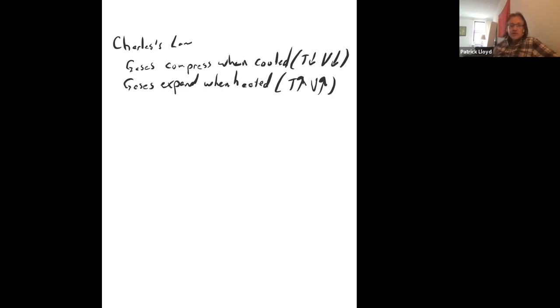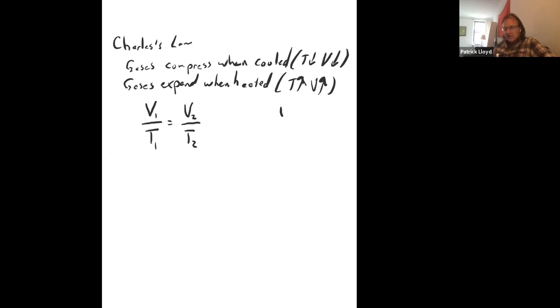So as the temperature goes up, the volume goes up. Okay, so let's write this mathematically. I'm going to write it as V1 divided by T1 is equal to V2 divided by T2. Why? Because what happens is the ratio is constant. Remember how we said in Boyle's law, pressure times volume is constant? Now it's volume over temperature that is constant because they're directly proportional, right?